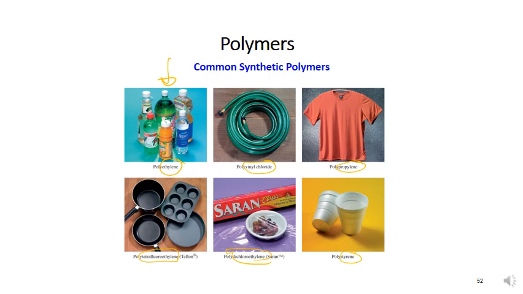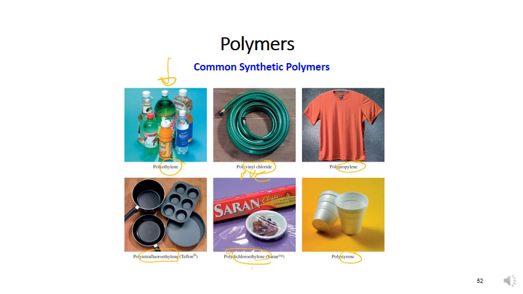And you can see that. There it is, and that's where it comes from. Saran wrap is this stuff. PVC for PVC pipe. Or garden hose is there. There's the polyethylene, PE, for bottles.